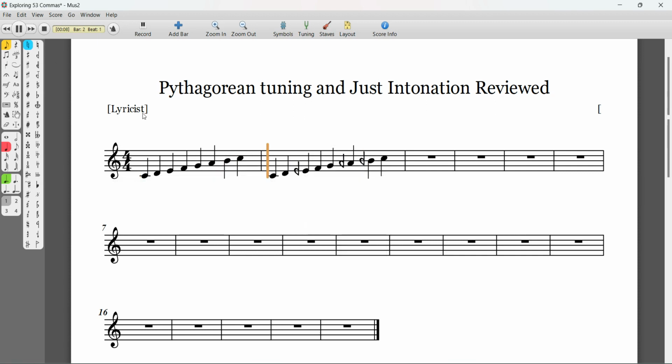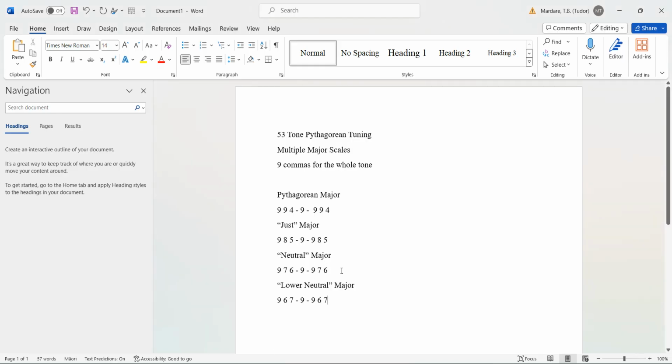G. This is the major scale where we basically have the flat A. It's the 9, 8, 5, 9, 8, 9, 5.